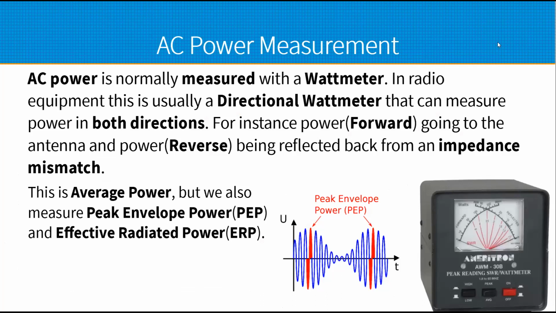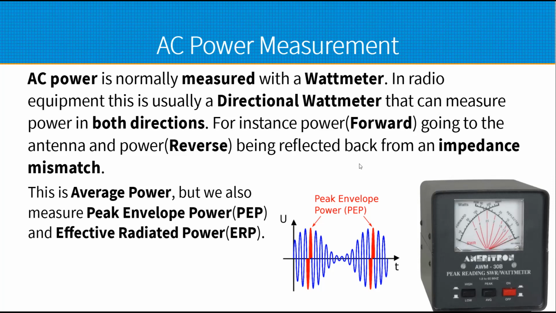Okay, and we didn't talk about power measurement. And you normally use a watt meter. In amateur radio, you're mostly concerned about the power going out to your antenna. So we use a directional watt meter that actually measures power in both directions. It can measure forward power going to the antenna and reflected power coming back.